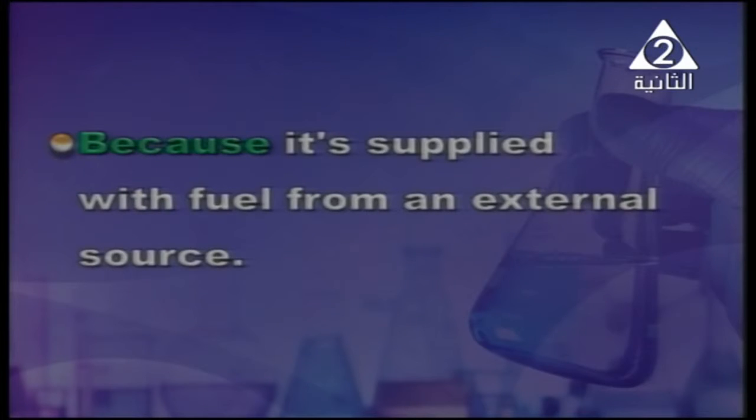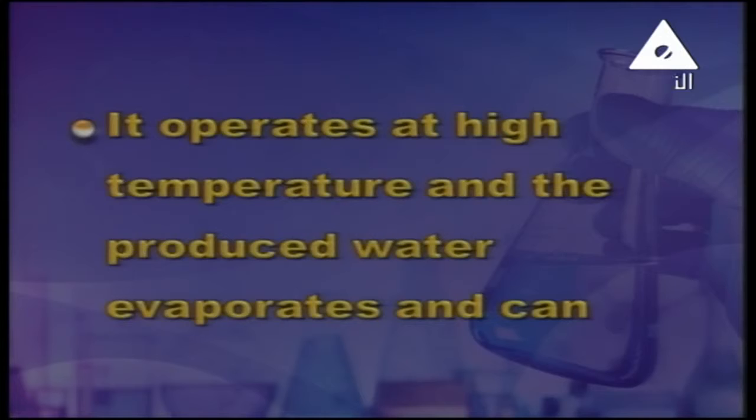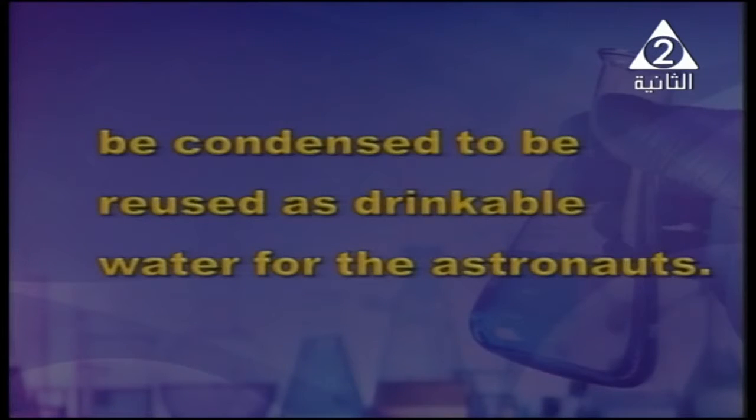Number 2, it gives an electric current with EMF or E cell equals 1.23 volt. Number 3, it operates at high temperature and the produced water evaporates and can be condensed to be reused as drinkable water for the astronauts.